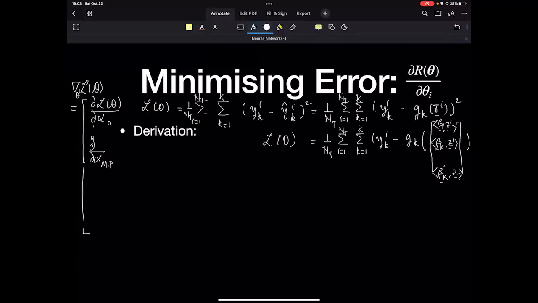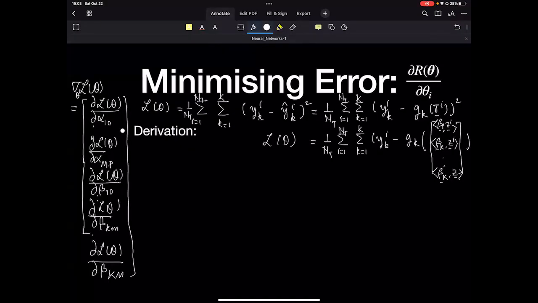So this goes from the partial derivative with respect to beta 1,0 all the way to, I'll also bring in this element now, beta km, all the way to the end. So this is how our gradient vector looks. This gradient vector is going to be composed of all of these partial derivatives.